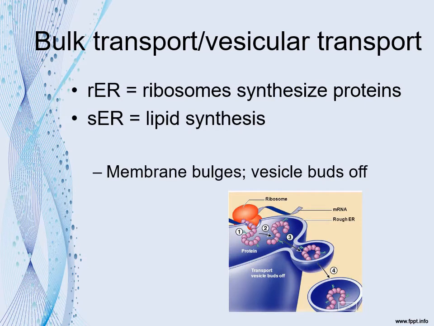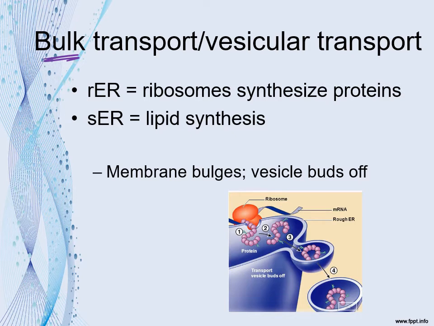All right, we're going to flip away from pumps and look at vesicles. Bulk transport is when I'm moving big chunks of stuff, so not molecules of glucose or sodium, but huge giant protein molecules or other things that need to get moved around a cell.